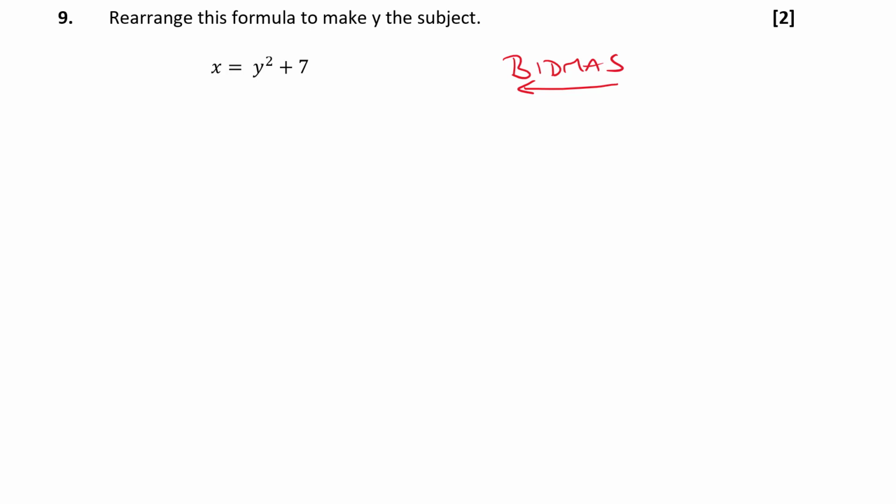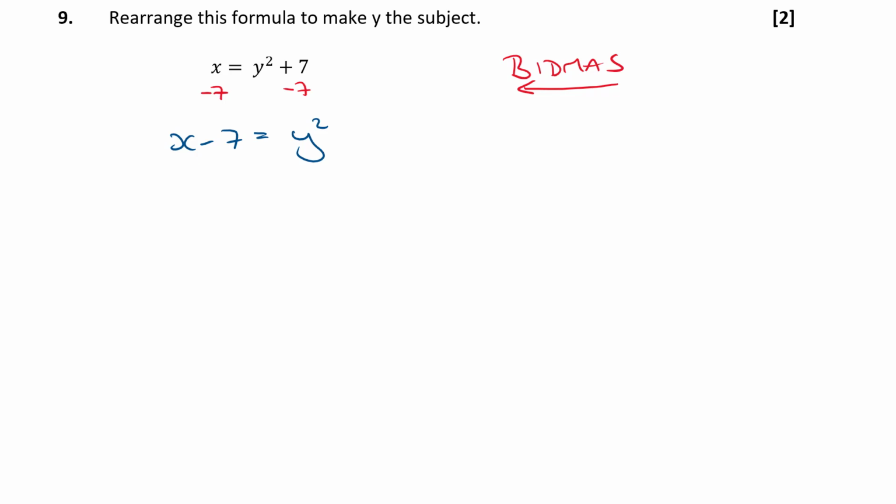So here, the addition and subtraction that normally comes last is the first thing I'm going to move over. So rather than add 7, I'm going to subtract 7 from both sides. That's going to give me x minus 7 is equal to y squared. And then I'm going to deal with that square sign. What's the opposite of squaring? It's square rooting, isn't it?